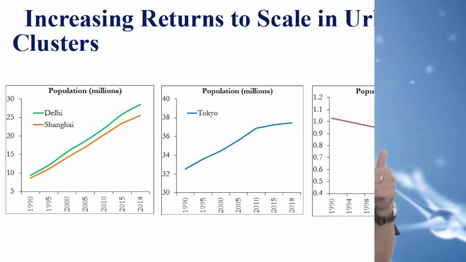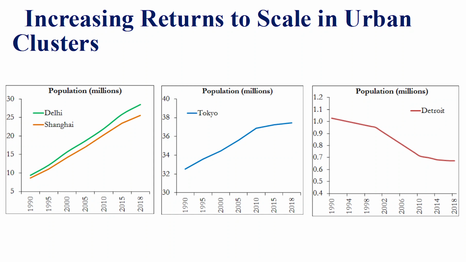As I said, Tokyo, which has 37 million people in a country where population is declining, is still growing. So, suggesting that these networking effects are not just small, they actually overwhelm everything, including the cost of congestion, to such an extent that even at 37 million, Tokyo keeps growing. Look at these numbers. You have Shanghai and Delhi, as you can see, they have been continuously growing since the 1990s.